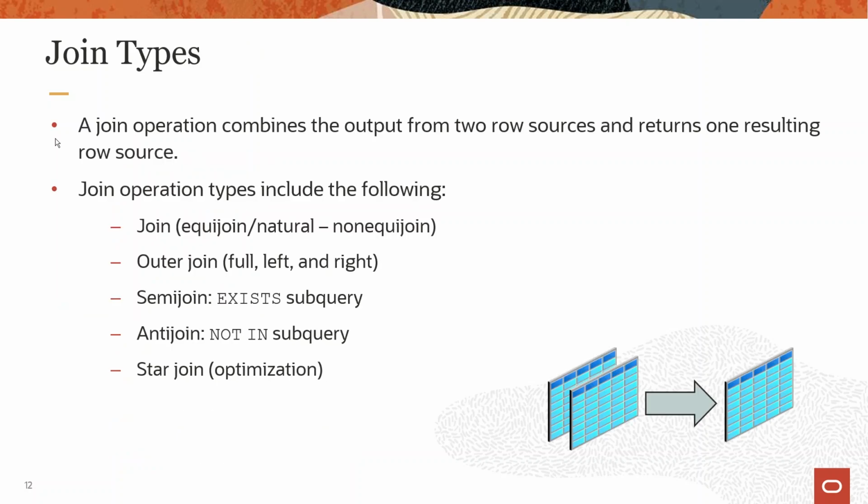A join operation combines the output from two row sources and returns one resulting row source.